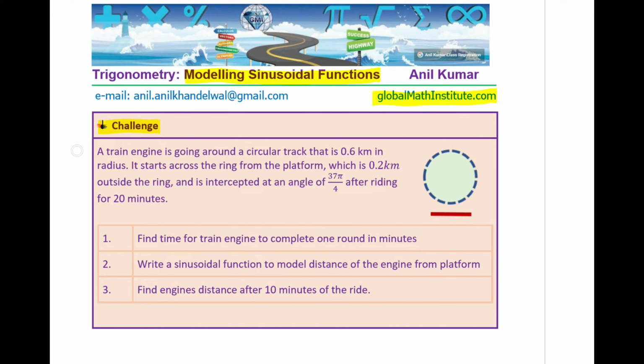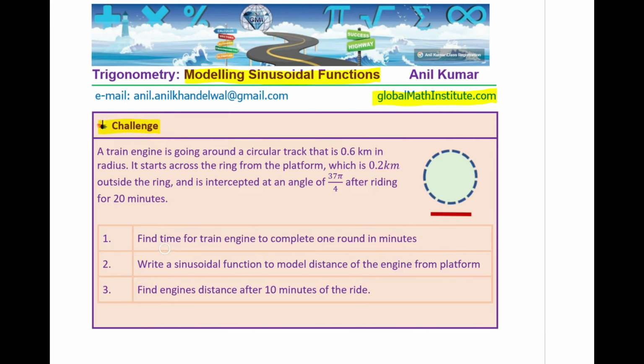The question here is: a train engine is going around a circular track that is 0.6 kilometer in radius. It starts across the ring from the platform, which is 0.2 kilometers outside the ring, and is intercepted at an angle of 37π/4 after riding for 20 minutes.